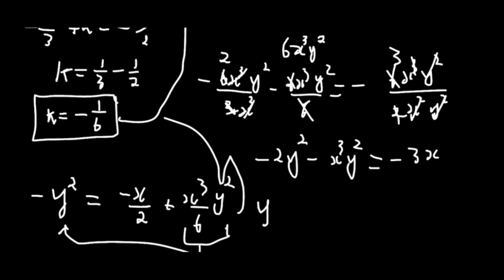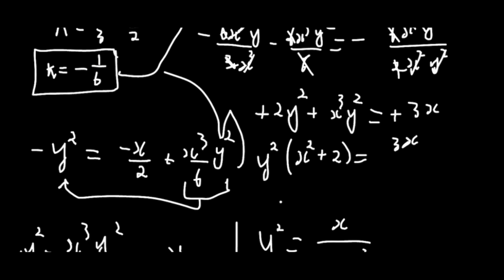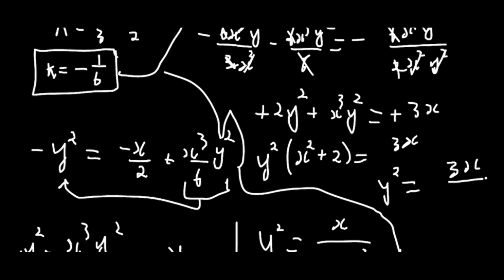So if we factor out our y squared, we see that negative is constant, minus is constant all through, so it becomes positive. So when we factor out our y squared, we're going to have x squared plus 2 equals 3x. Therefore our y squared will simply be 3x all over x squared plus 2.